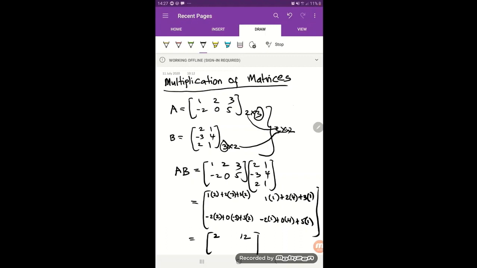Negative 4 plus 0 plus 10, the answer is 6. Negative 2 plus 0 plus 5, the answer is 3. This is the answer of the product of matrix A and matrix B. The answer is in order 2 times 2.